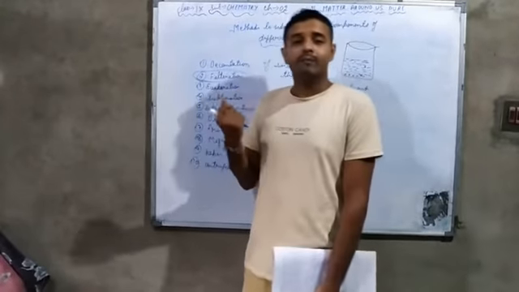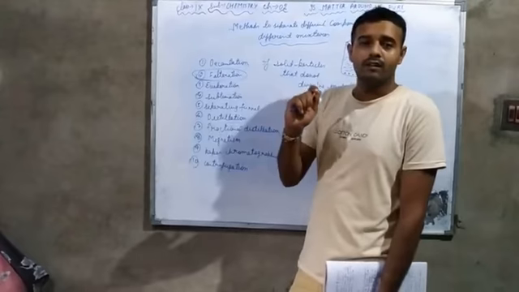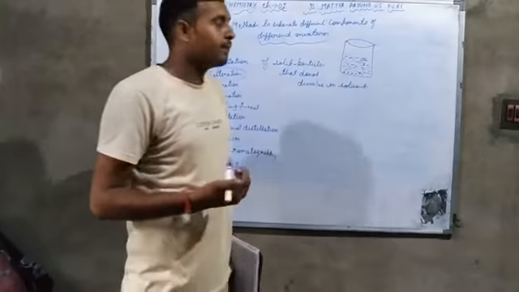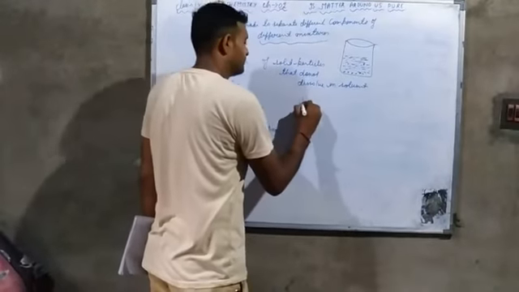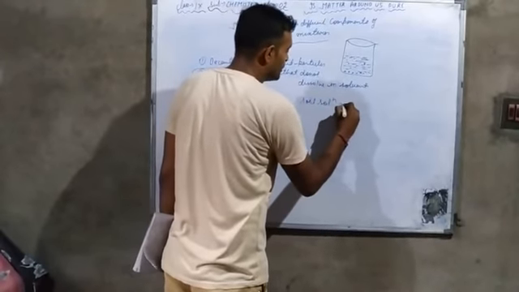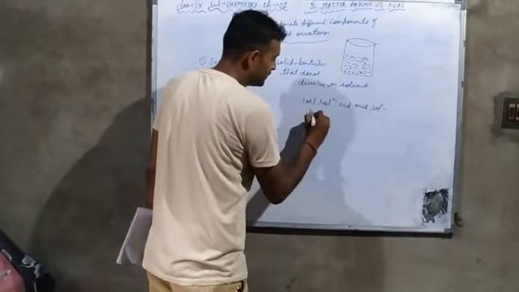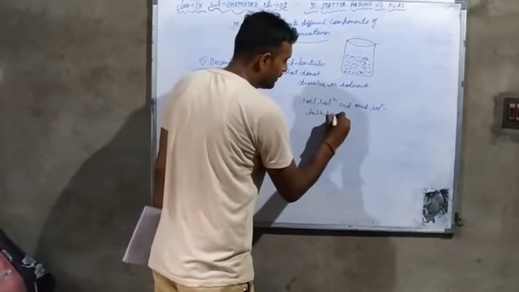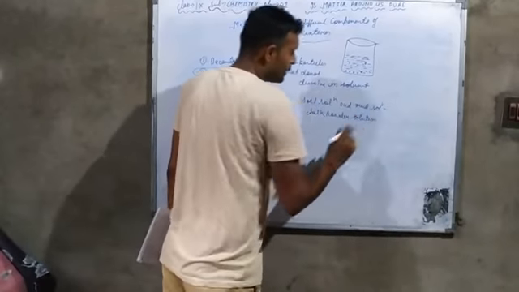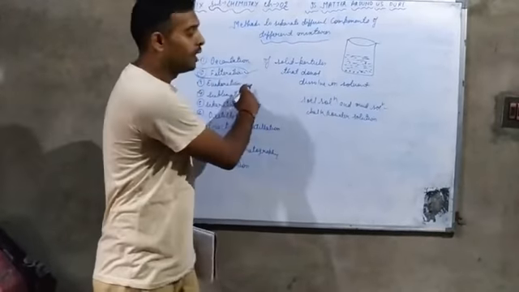With the help of filter paper we can separate soil solution, mud solution, and chalk powder solution. So this type of solution we can separate with the help of filtration.